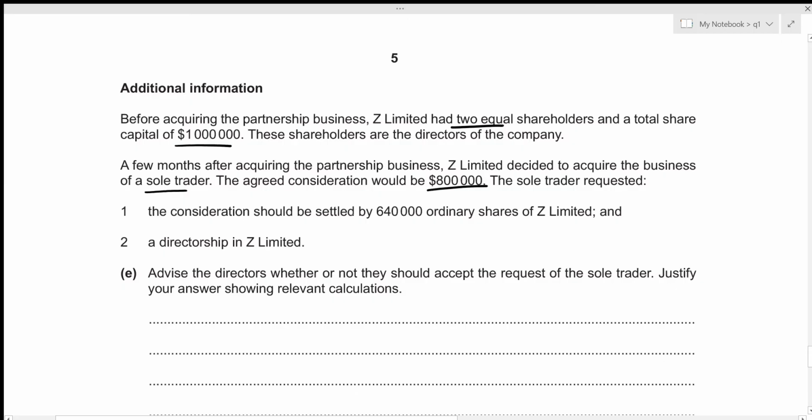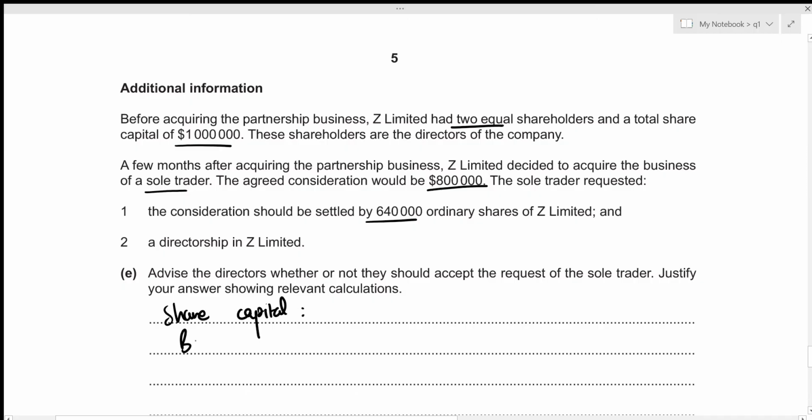The consideration would be settled by 640,000 ordinary shares of Z Limited and a directorship in Z Limited. Now for the fifth part, we need to advise the directors whether or not they should accept the request of the sole trader. We need to justify our answer showing relevant calculations. So for calculations, we will be calculating the total share capital. So let's figure out the share capital before acquisition of sole trader. So that's share capital.